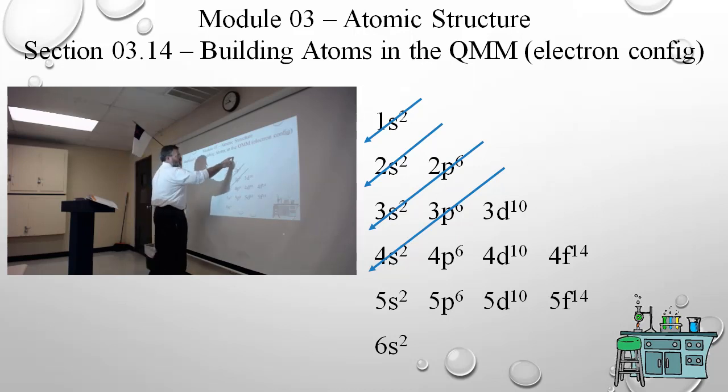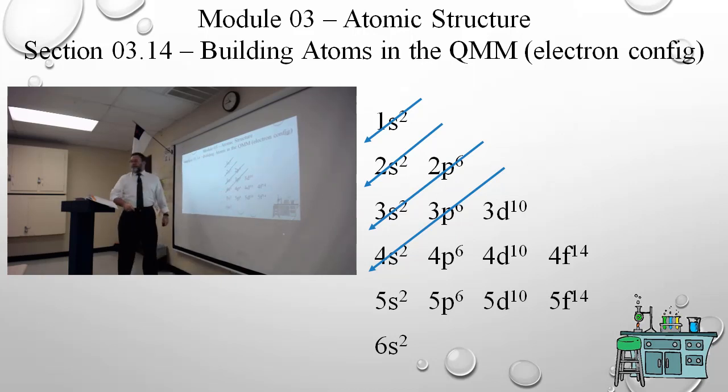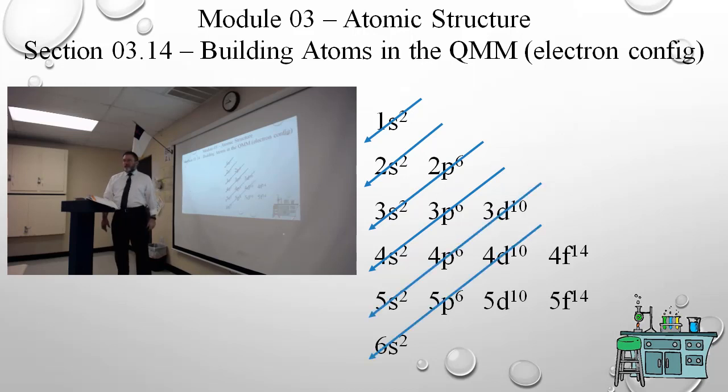Because it's going to be the 1s, the 2s, the 2p, the 3s, the 3p. Oh, wait a minute. The 4s. The 4s orbital fills before the 3d orbital fills. And so on, and so on.